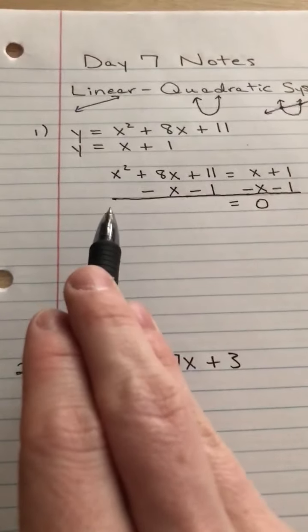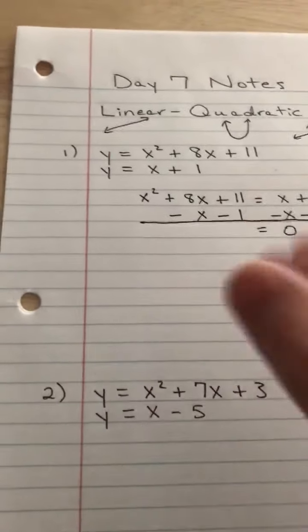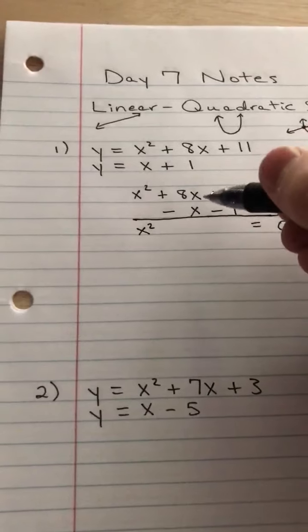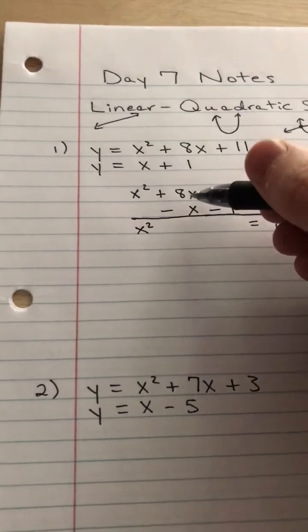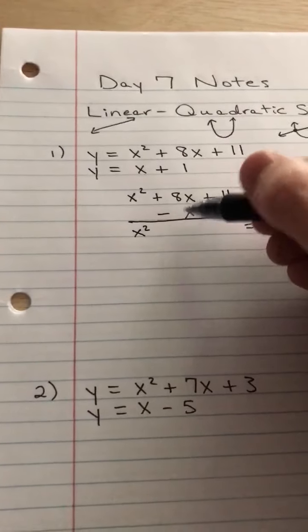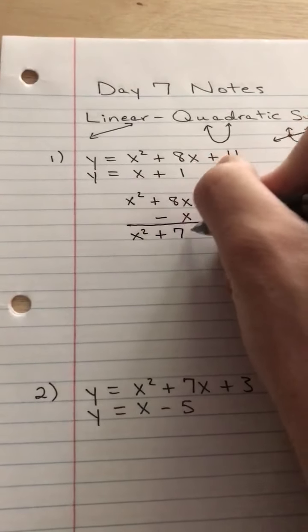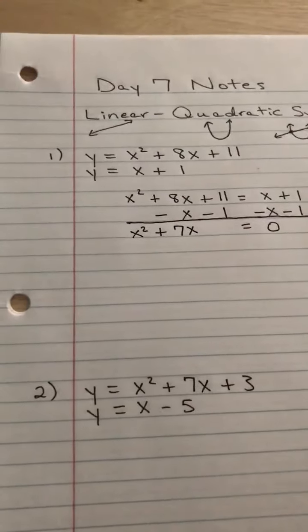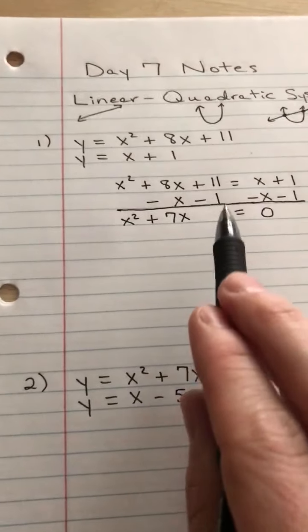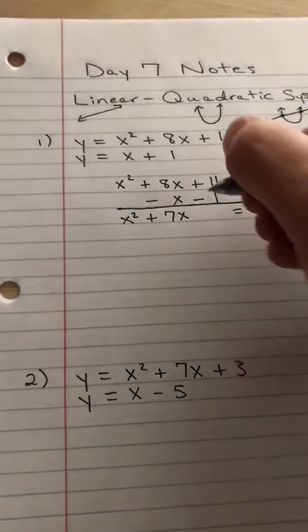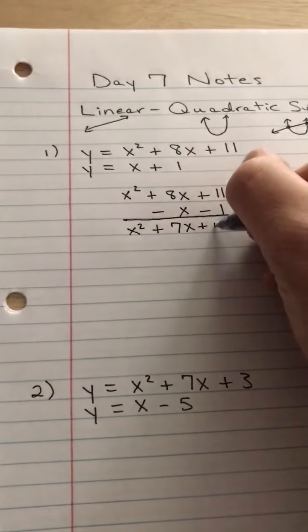Over here, nothing has happened to the x squared yet, so I'm going to go ahead and bring that down. And looking at this, I have 8x minus 1x. That's going to give me 7x. Over here, with the regular numbers, I have 11 minus 1. That's just going to give me positive 10.